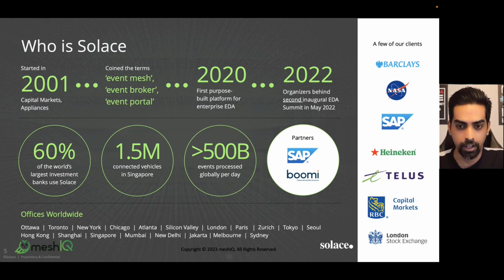We've since expanded out into many different industry verticals: IoT, manufacturing, SAP as a technology provider OEMs our solution, and we've coined very popular terms over the period, such as event mesh, event broker, and event portal. Then we are also the organizers of the EDA Summit, which is happening in a month, and of which meshIQ is a sponsor as well.